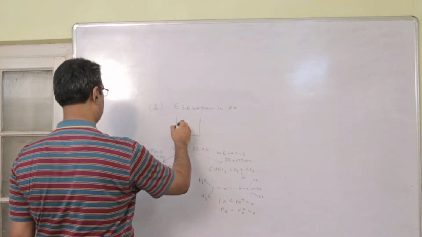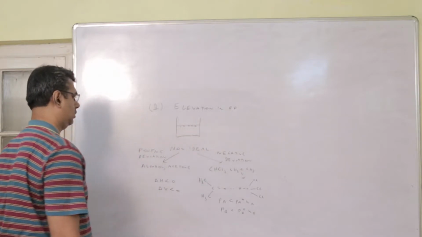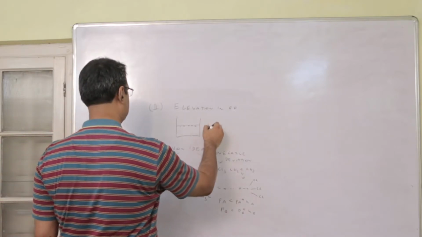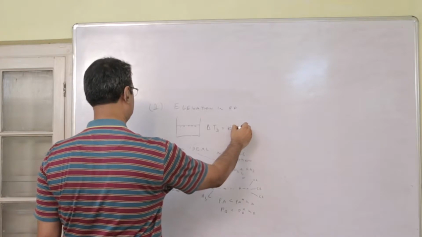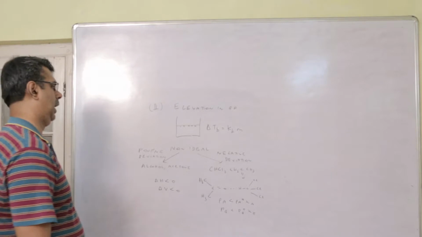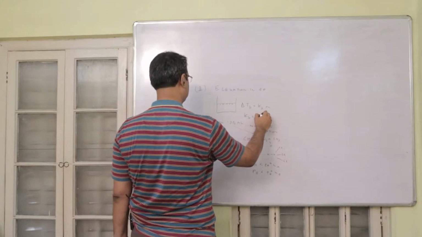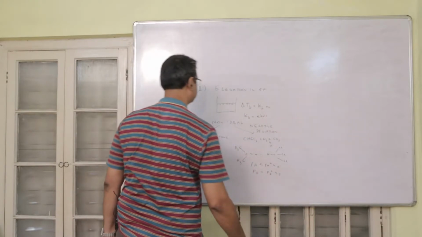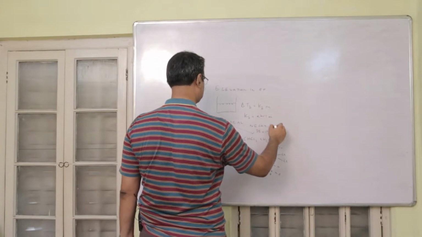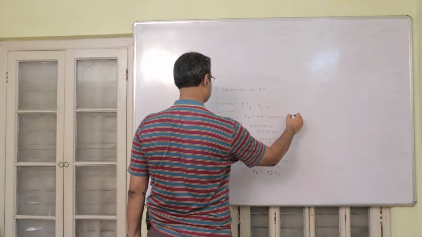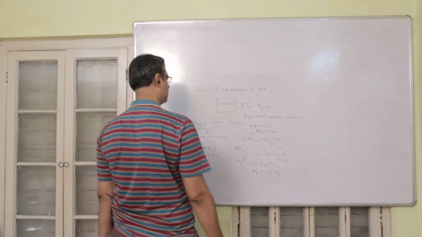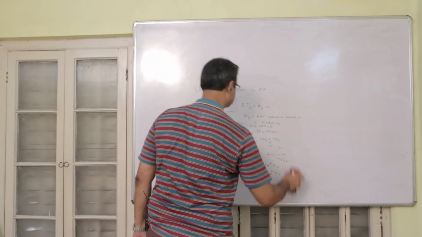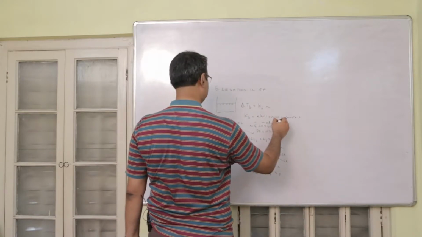Whenever a non-volatile solute is mixed with a volatile solvent, the vapor pressure goes down, so the boiling point goes up, and the increase in boiling point is proportional to the molality of the solution, and the constant of proportionality is called ebullioscopic constant or molar elevation constant.